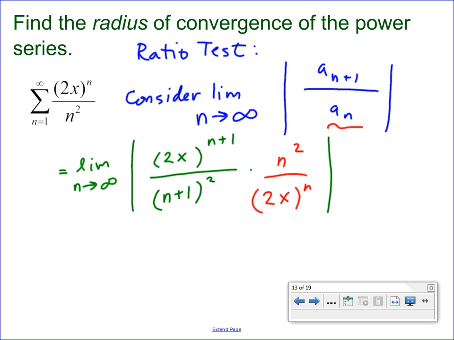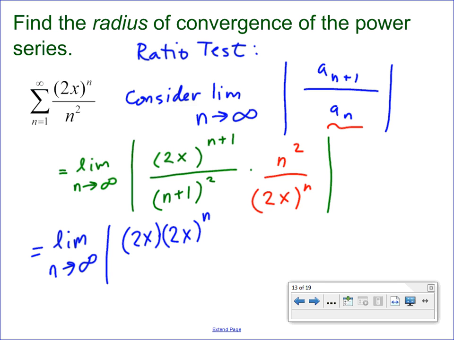All right, now our exponent rules are going to help us. We'll go ahead and rewrite that original 2x all to the n plus 1 as 2x times 2x to the n. All right, everybody see that?